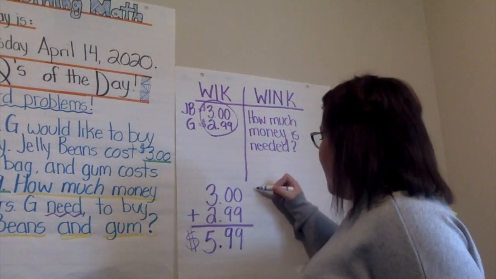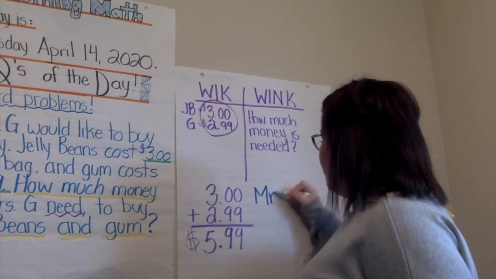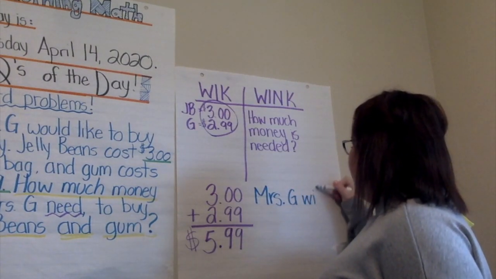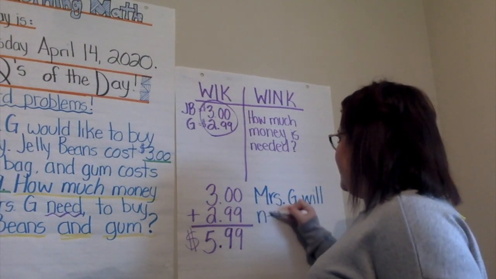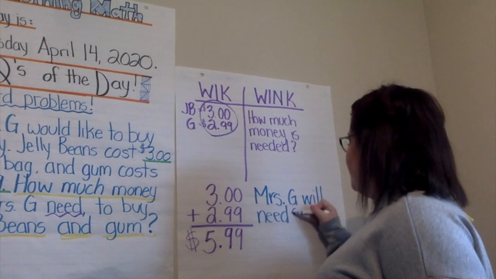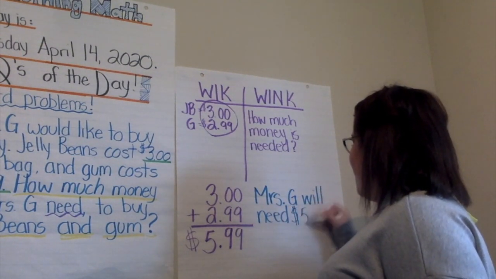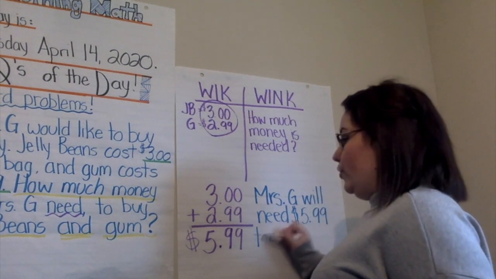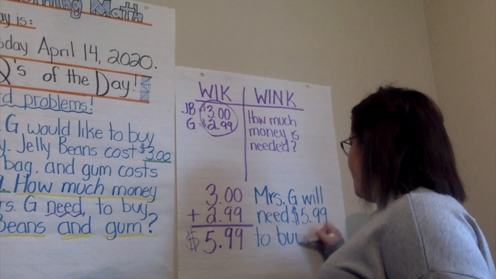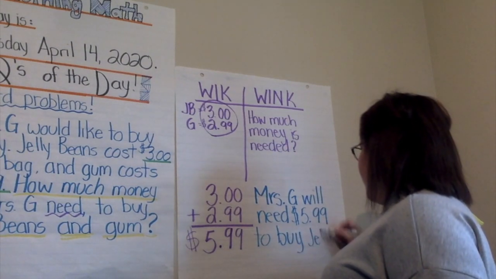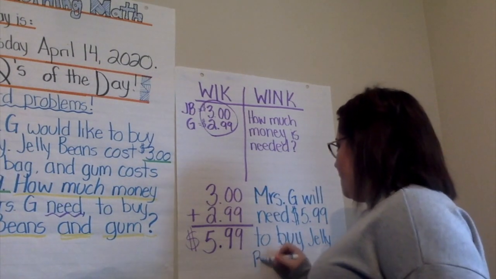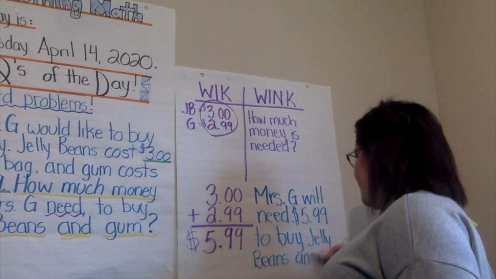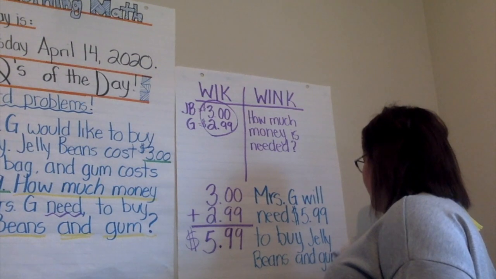So I'm going to write, Mrs. G will need $5.99 to buy jelly beans and gum.